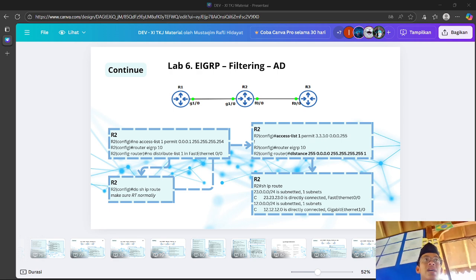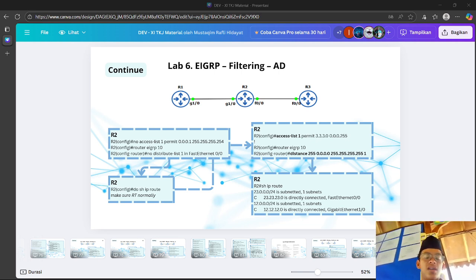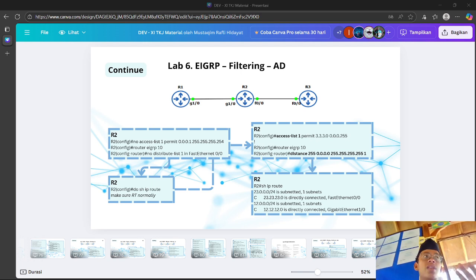You guys must memorize the administrative distance of each protocol. So in short, administrative distance is a number that tells the router how much it should believe a particular routing protocol compared to others.